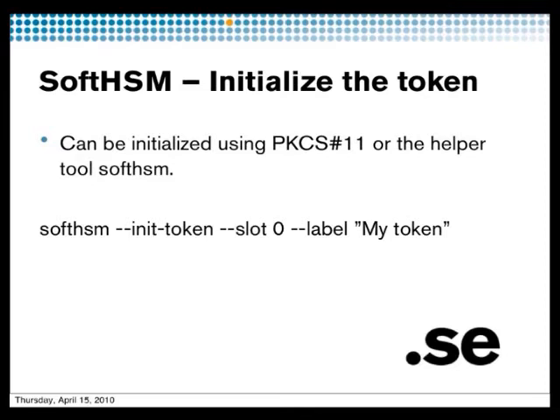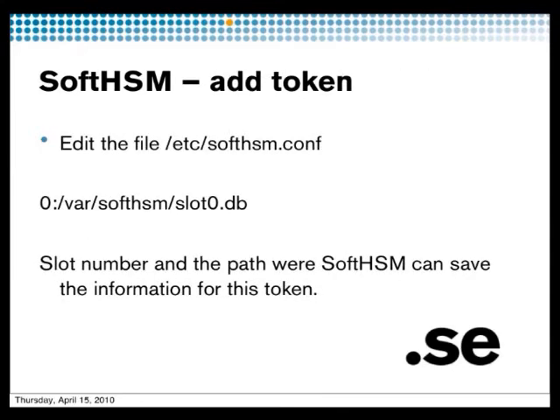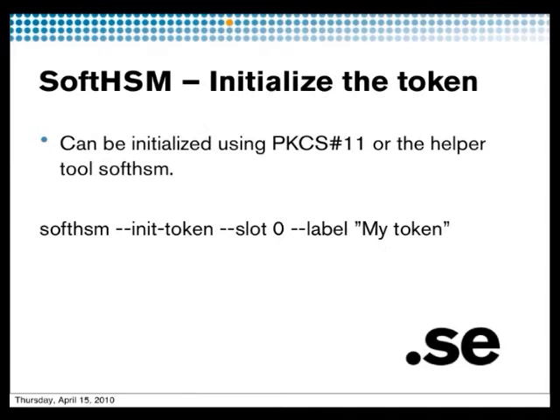So that is why we also have a command line utility named softhsm. And then you tell it, initialize the token at slot 0, since we wrote slot 0 in the configuration file. We use the same slot here. And then we also give it a label, and this label is important to remember, because that is what's used by OpenDNSSEC to identify the HSM.